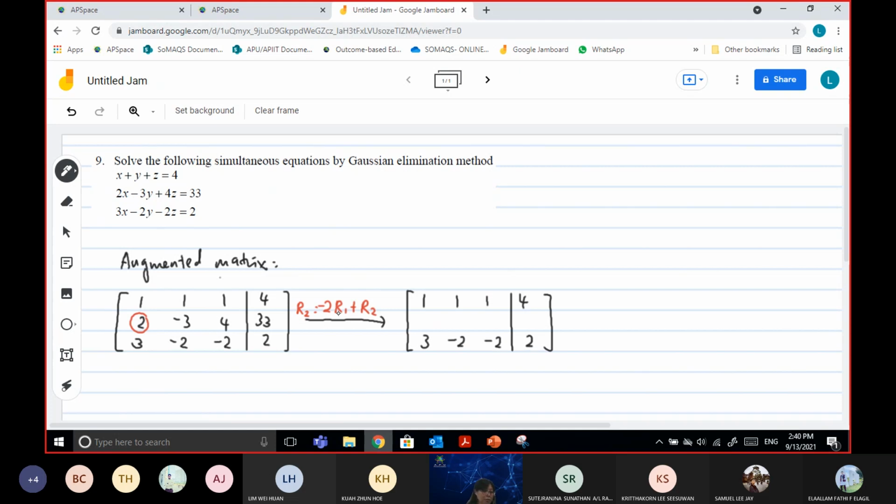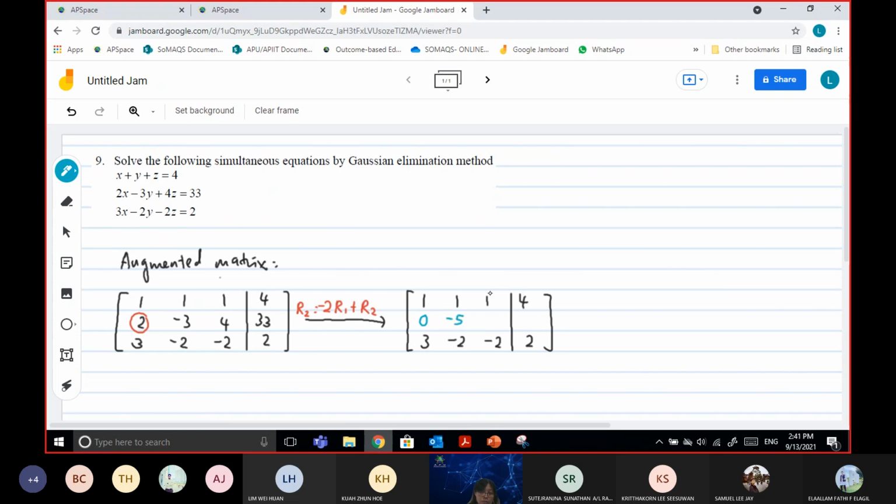So now, taking the first row multiplied by negative 2, then plus the values of the second row. Starting from the first column, 1 times negative 2 is negative 2, then add 2, so you get a 0. Then for the second column, you multiply by negative 2 plus negative 3, so you get negative 5.